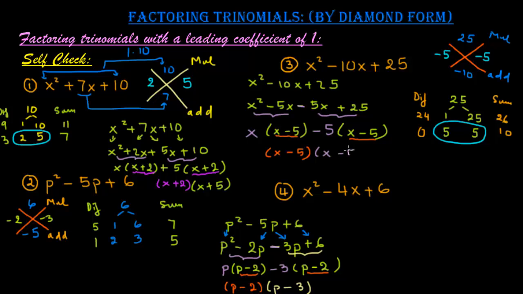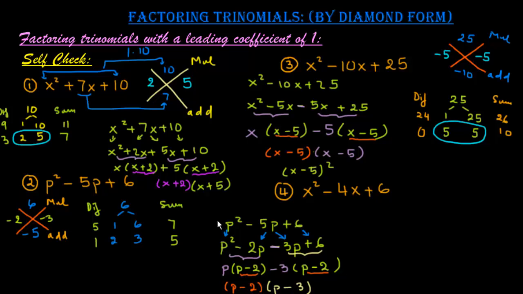And that's the answer, but to make it look nicer, x minus 5 times x minus 5 can be rewritten as x minus 5 squared. When something multiplies by itself, you can write it in terms of a square: x minus 5 squared.